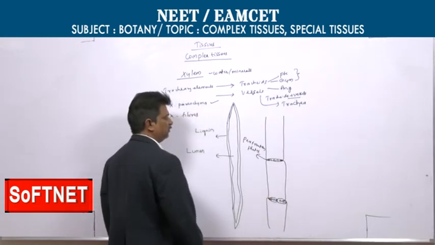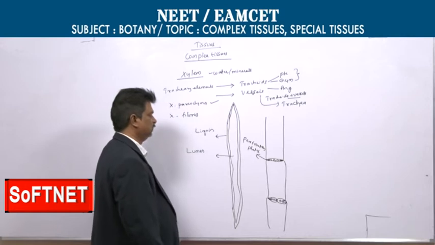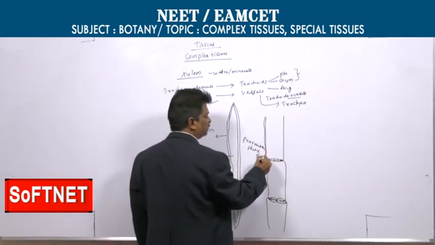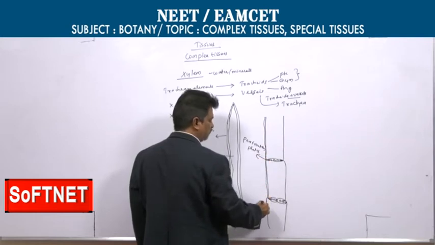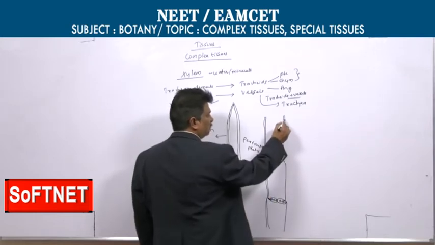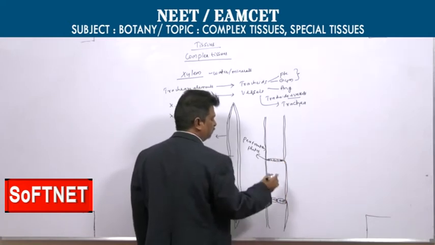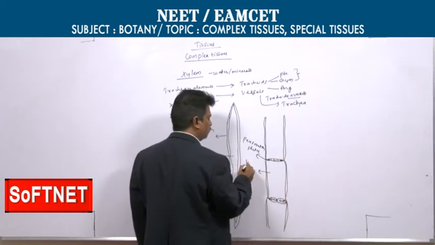Then, like tracheids, even vessels are dead cells. Being dead cells without protoplasm, at the center an empty space is present, rightly called lumen.